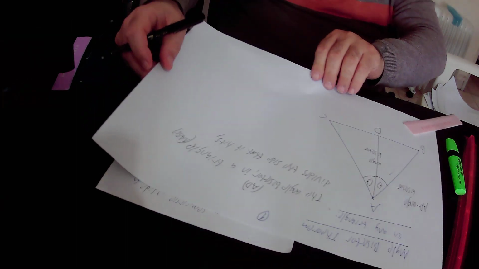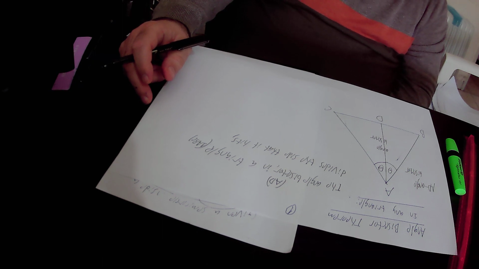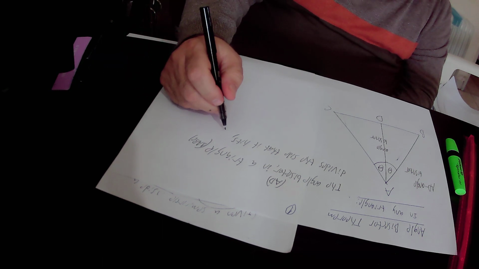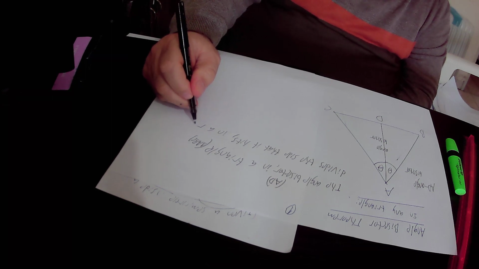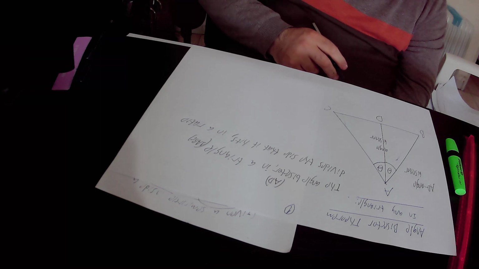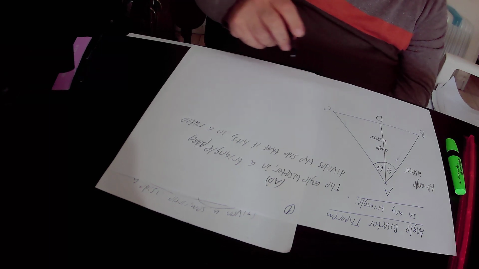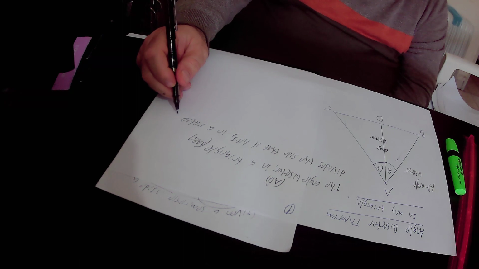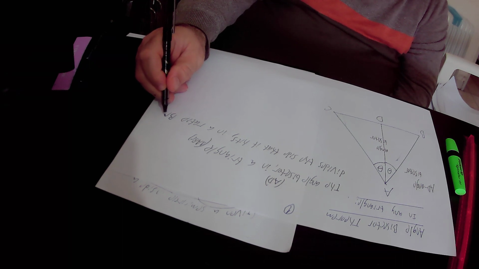So it divides the side that it meets in a ratio, and we already found that the ratio in which angle bisector AD divides side BC is BD over DC.